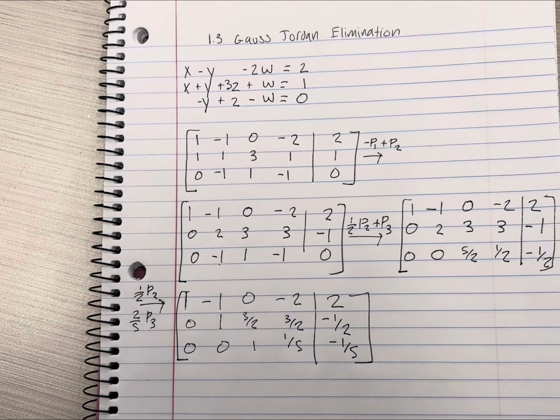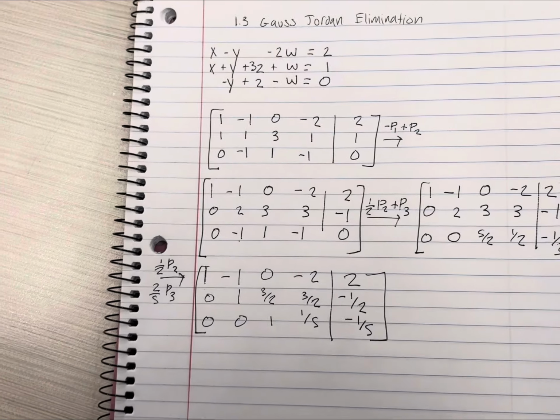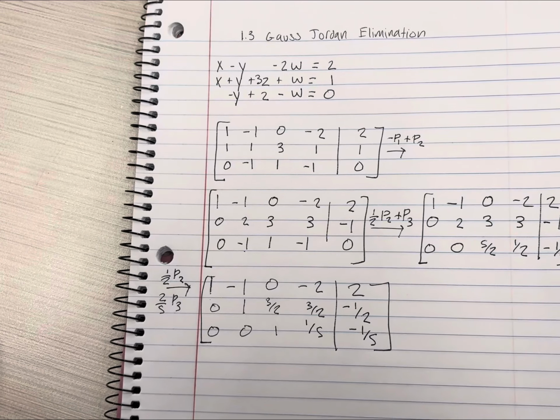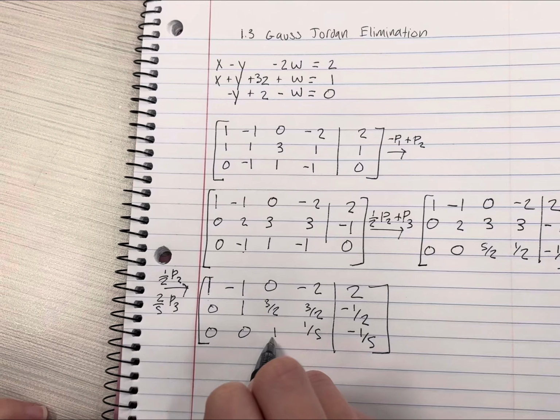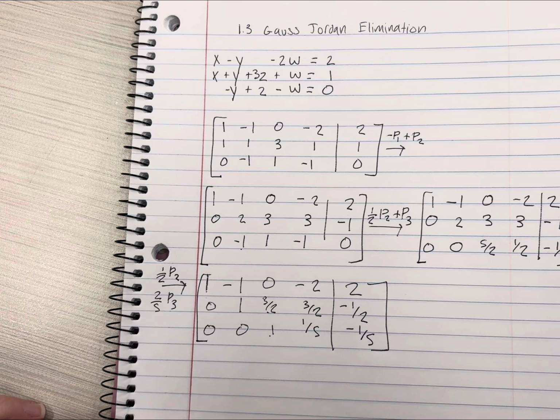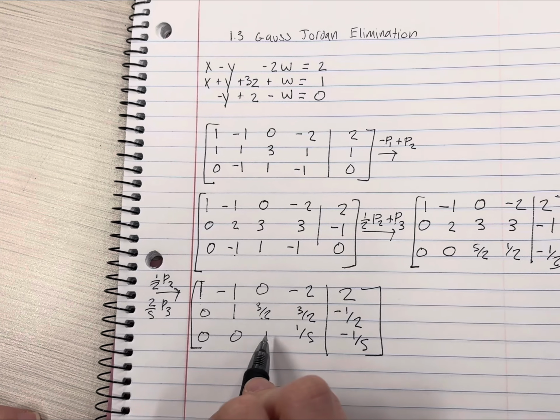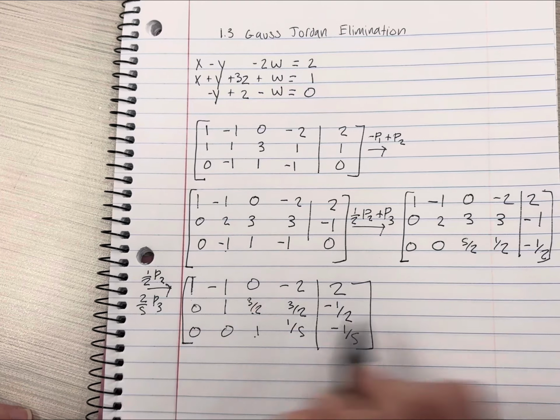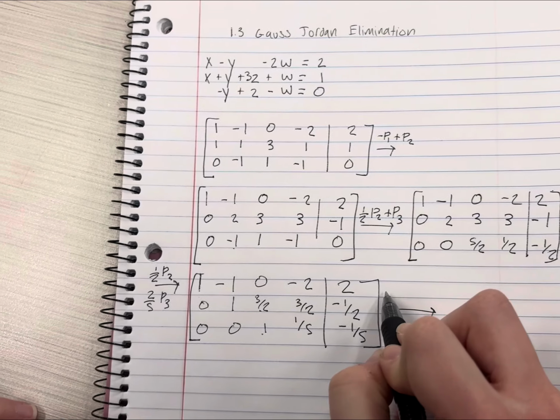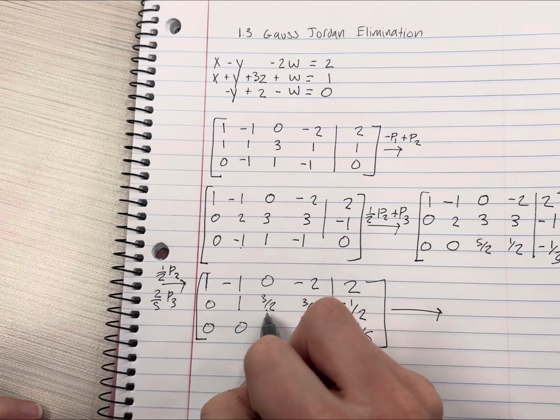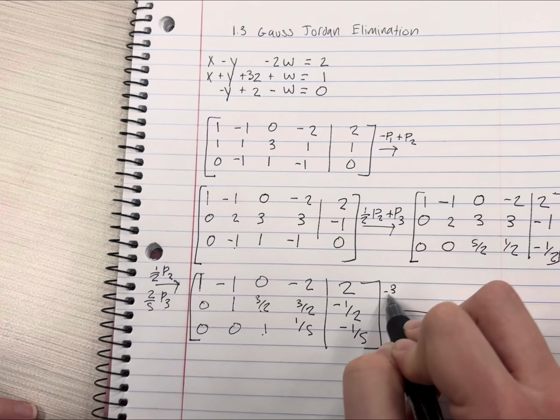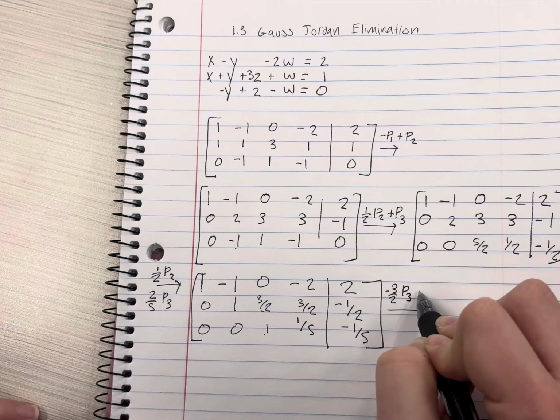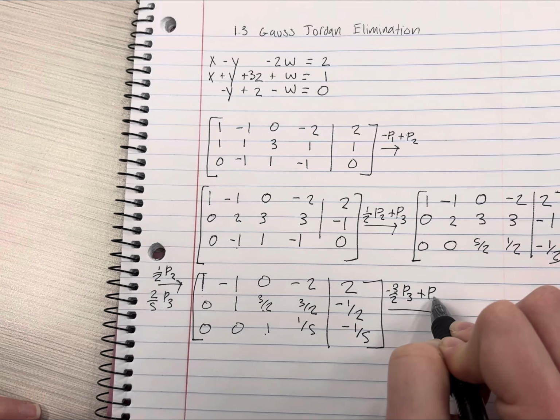So now that we have this in row echelon form, we're going to start doing the elimination, and we're going to eliminate upwards. So we're going to start with this number to eliminate this number. What we need to do is multiply row 3 by -3/2, because -3/2 plus 3/2 is 0. So we're going to go -3/2 row 3 plus row 2.